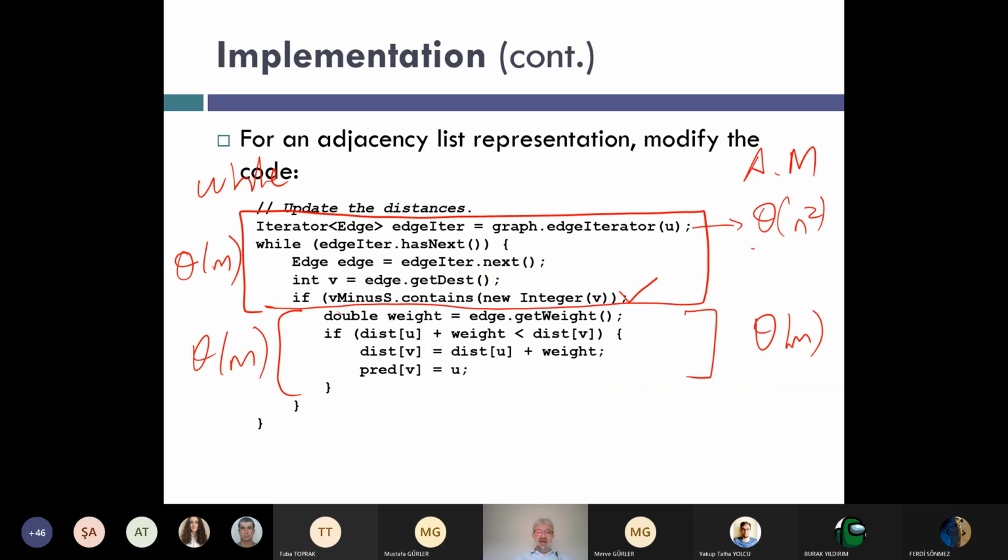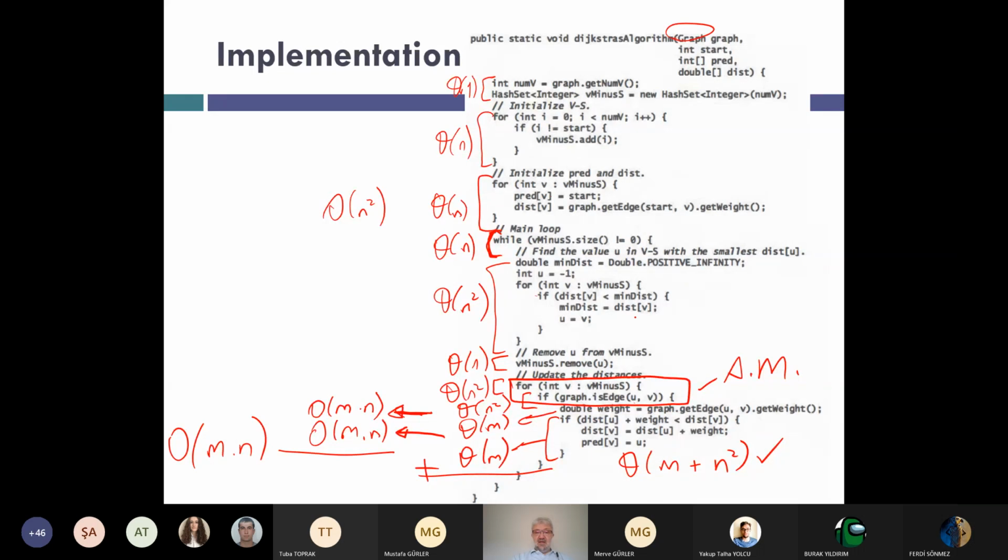Also, in adjacency list, all of these are theta m after the modification in the next slide.